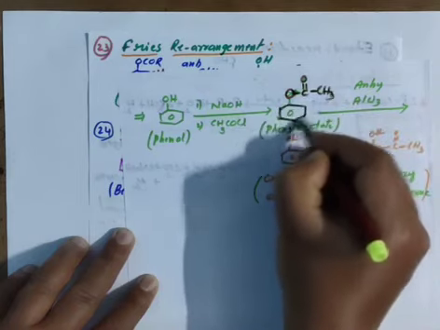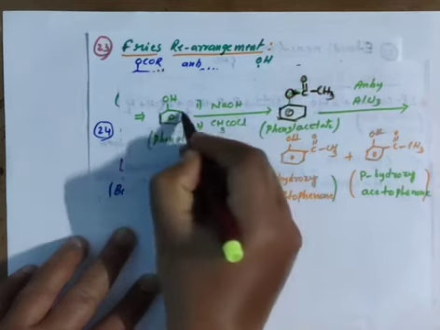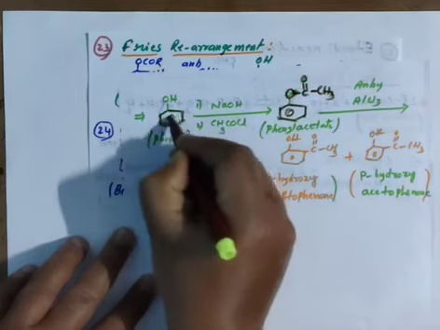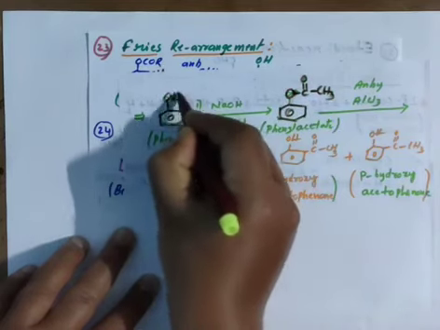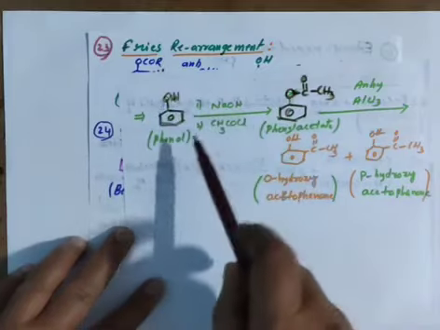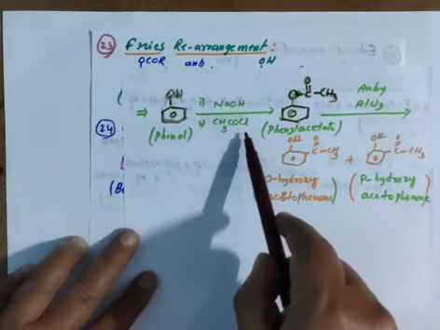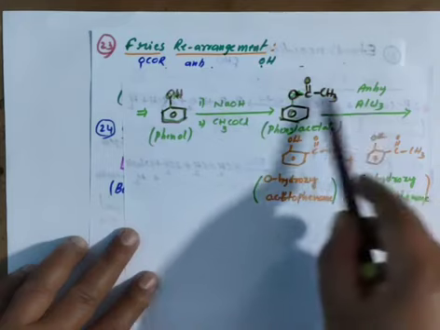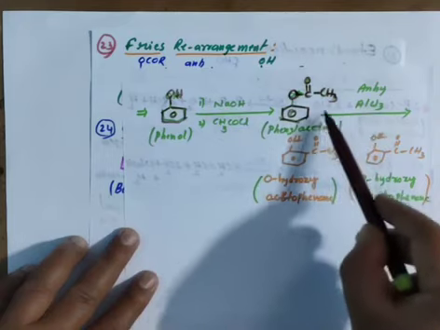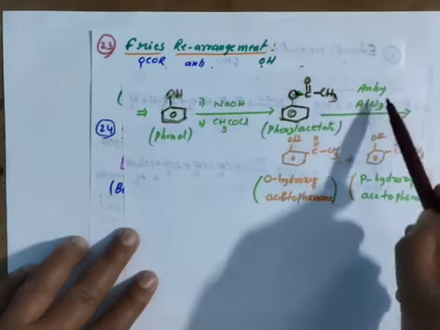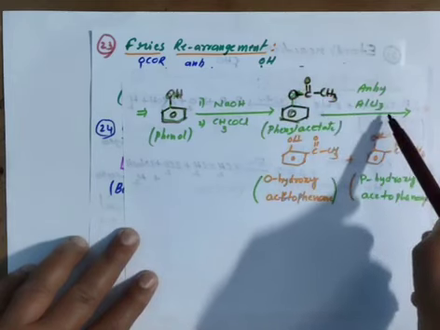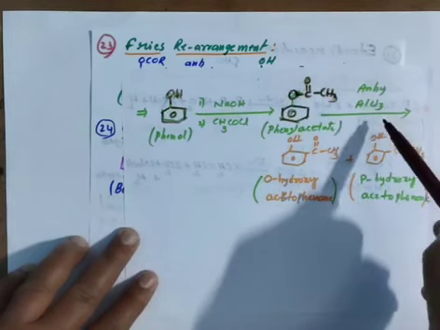Here we took phenol, and phenol is converted to phenyl acetate in the presence of sodium hydroxide and acetyl chloride. This phenyl acetate, meaning ester, is treated in the presence of anhydrous AlCl3, that is a Lewis acid.